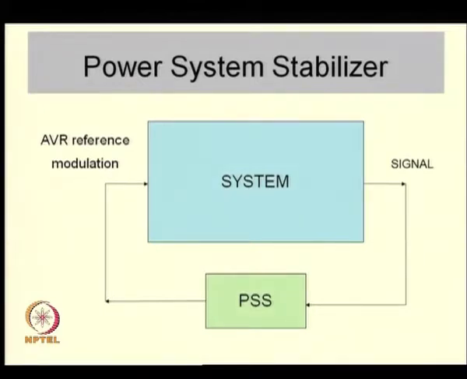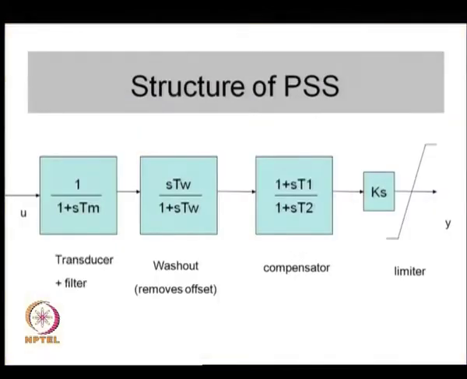You sense a certain signal from the power system. It could be, for example, generator speed, or generator output power. You feed it to the controller which is called a power system stabilizer. The power system stabilizer augments or modulates the reference voltage of the AVR. So, this is how a power system stabilizer looks. The structure of a stabilizer, as mentioned before, has several important components.